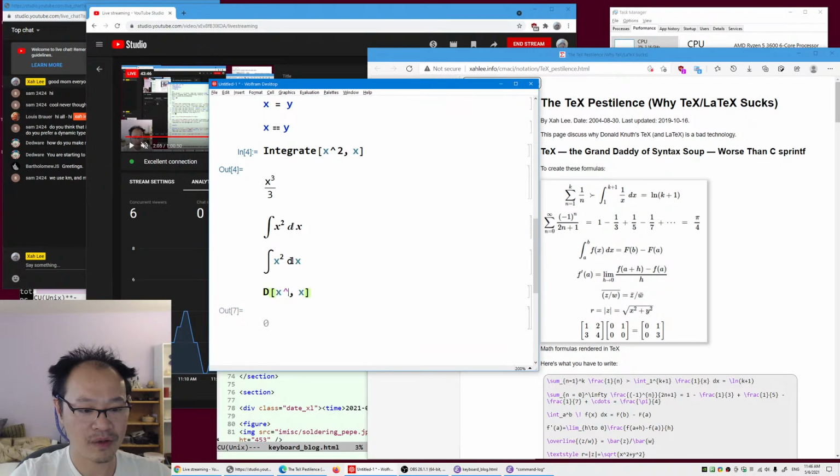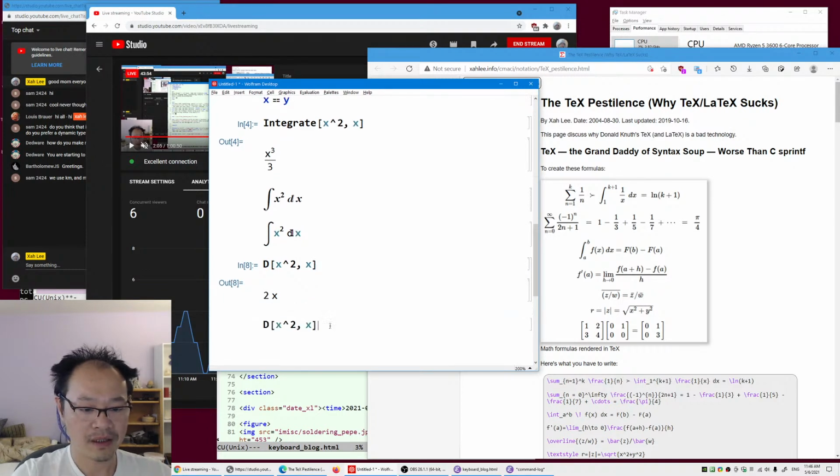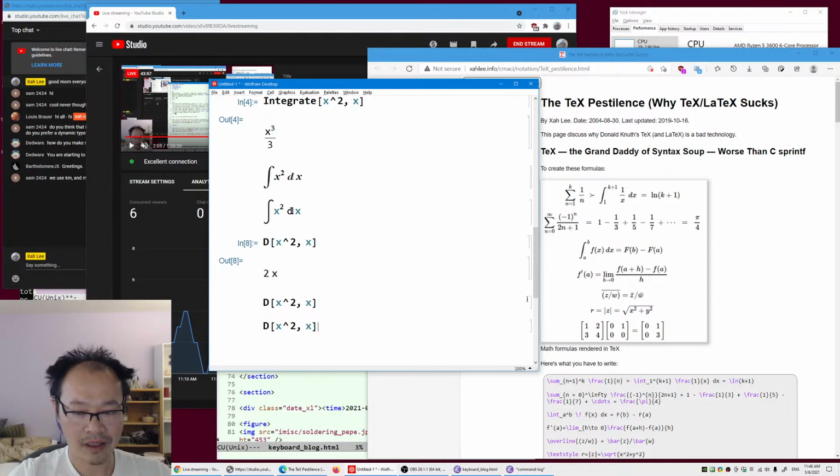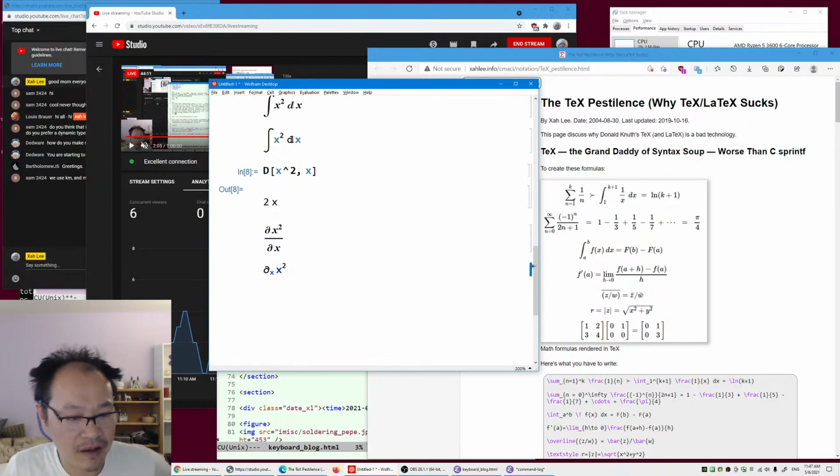Let's say x squared. The derivative of x squared with respect to x is 2x. Let's copy that, and now let's show this in traditional form. Okay, that's the traditional form. Now let's show that in standard form. Control Shift N. There it is.